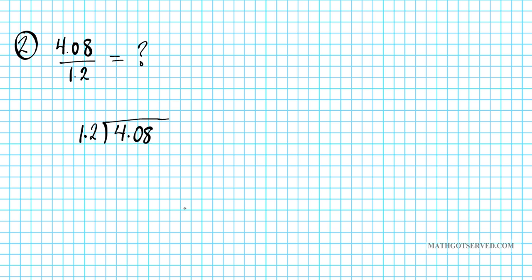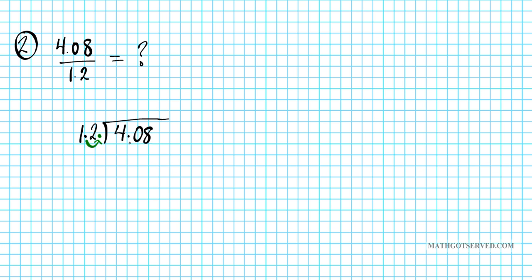4.08. You notice that our divisor here is a decimal. So we have to address that. Okay, so how do we do that? We're going to move the decimal point a number of times so that this becomes an integer. So we're just going to move it to the right once, since there's only one digit to the right of the decimal.